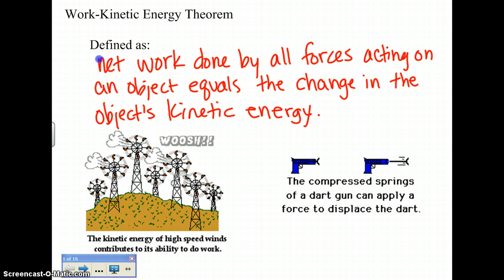So right there it's telling you W net equals delta KE, right? The net work, W net, is the change in the object's kinetic energy, delta KE. So the equation we're going to look at with this is W net equals delta KE. We'll have to do F net d cosine theta equals KEf minus KEi.